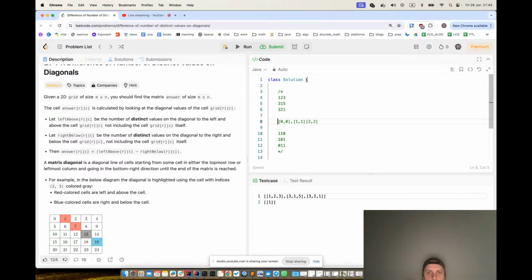It's the first diagonal. Then we have the diagonal 0, 1, 1, 2, and 0, 2.